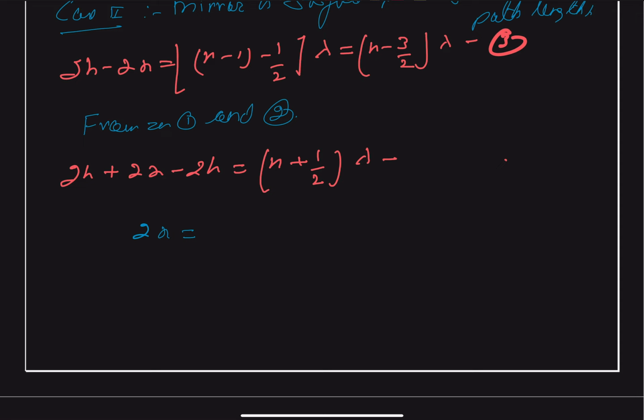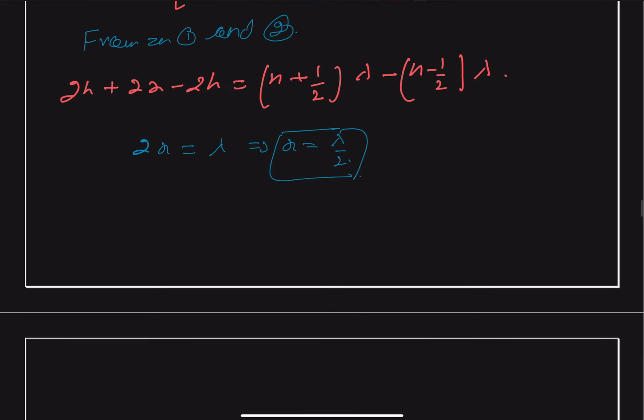So we get this as n minus 1 by 2 multiplied by lambda. So n and n goes away, so this comes as equal to lambda. Therefore we can say our x is equal to lambda by 2. And if you use equation 3 and first, we are also going to get the same answer, that is x is equal to lambda by 2.